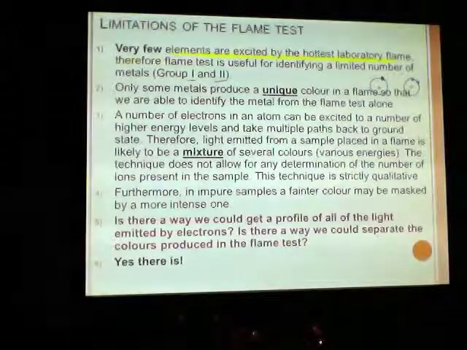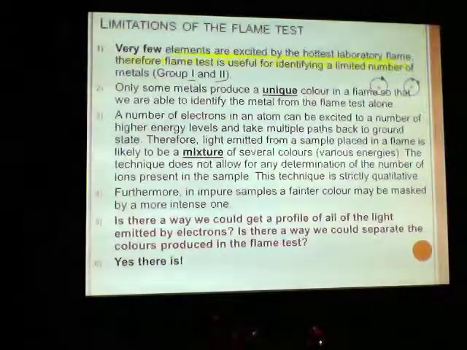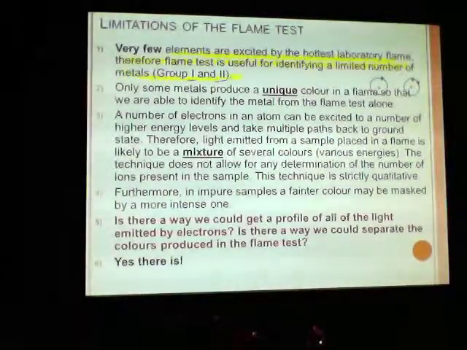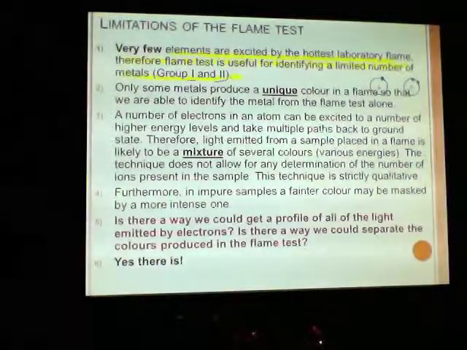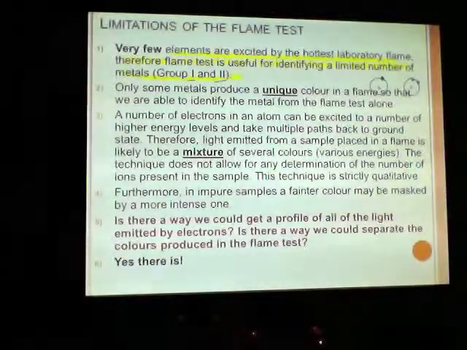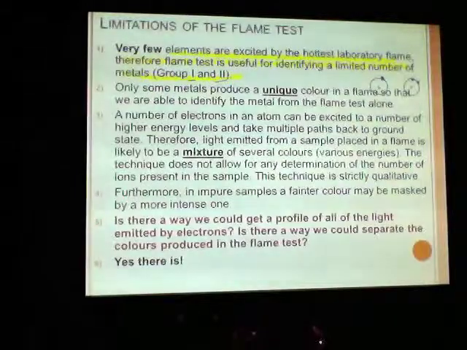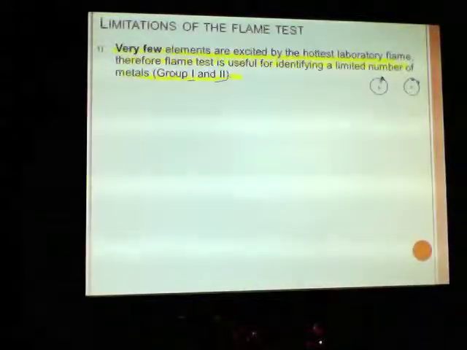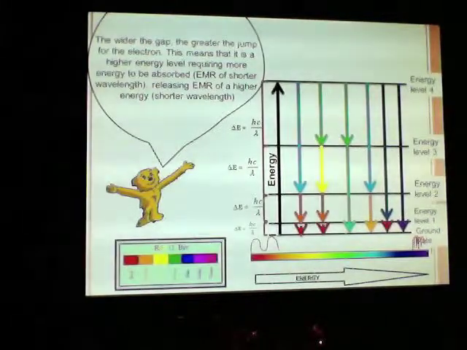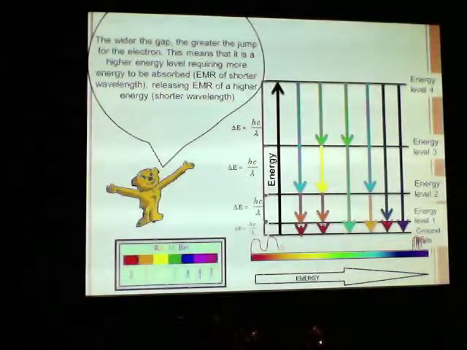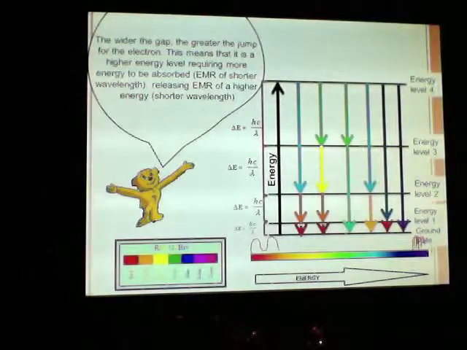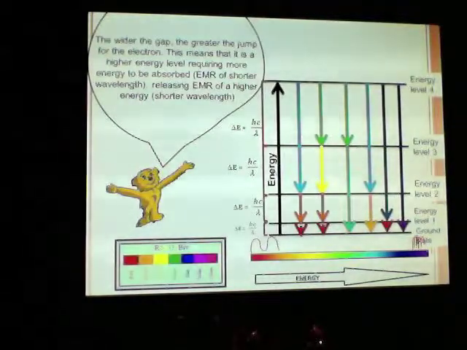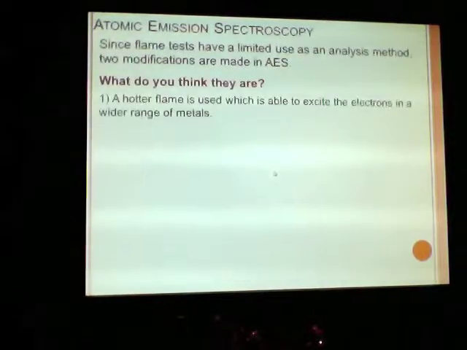Because some metals want to get rid of their electrons so much that it's easy to get them excited and jump to the next energy level. But if we have a hotter flame, we're inputting more energy, we can make electrons jump. Greater gaps in energy, greater delta E. Okay, so we have a hotter flame.